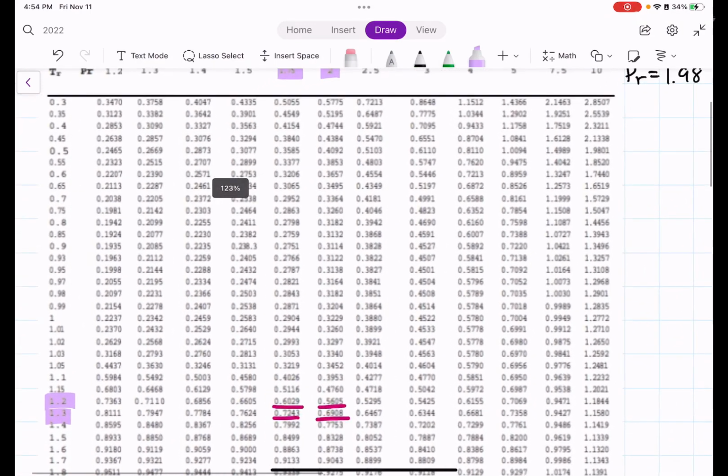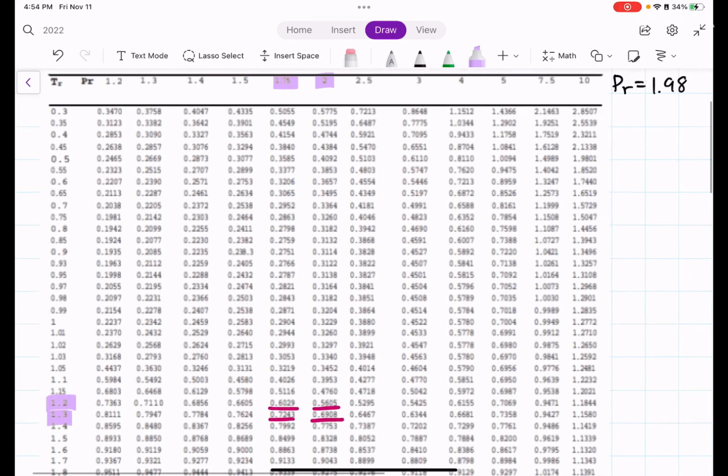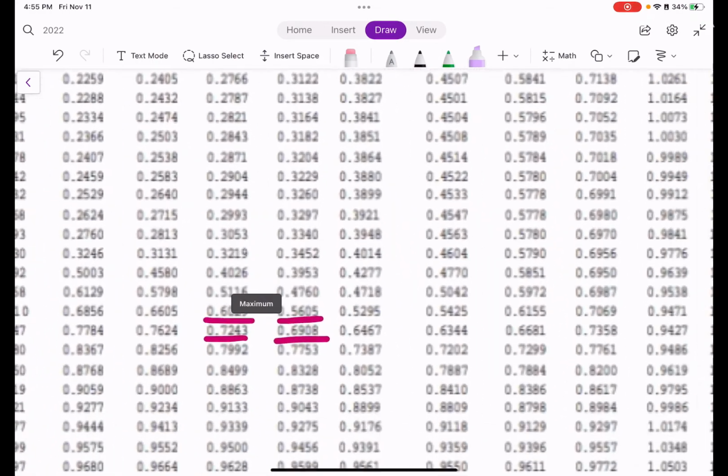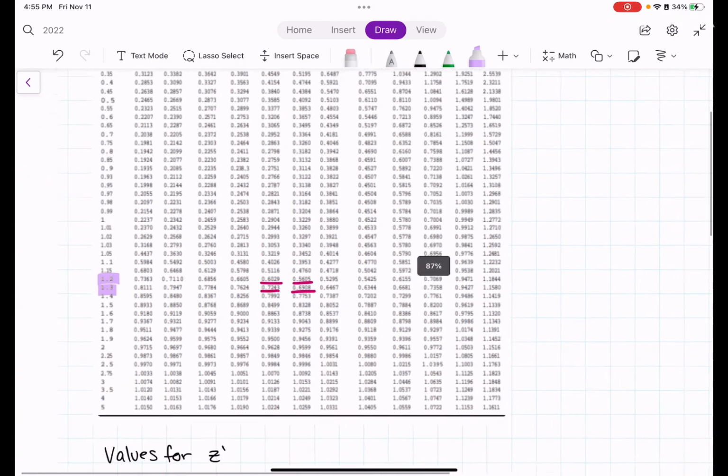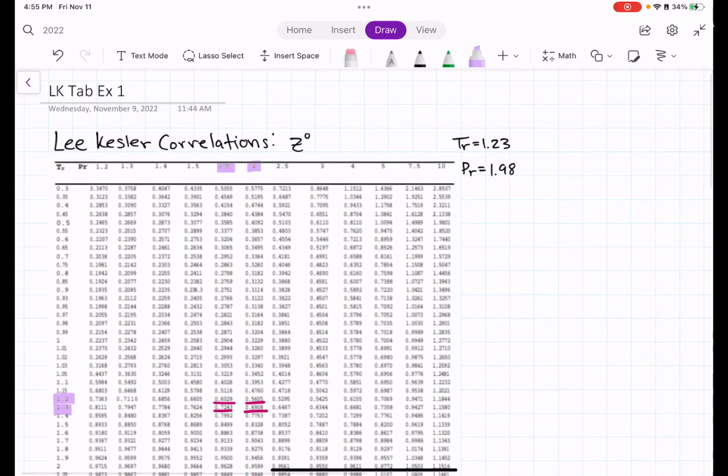So we look at the values that correspond with those TRs and PRs, and we see that these four values, 0.6029, 0.5605, and 0.7243 and 0.6908 are going to be important, and they are going to be necessary in order to use the double interpolation method to find out what the Z naught value is, even though we don't have it at 1.23 and 1.98.